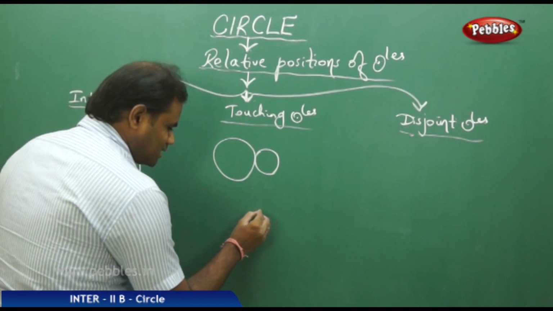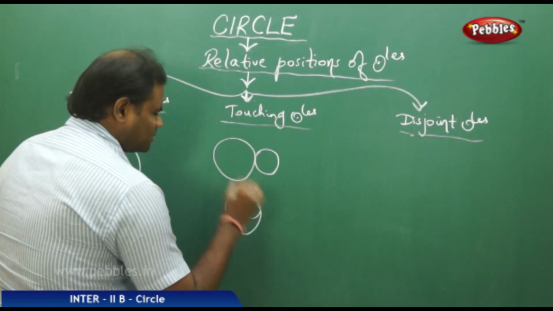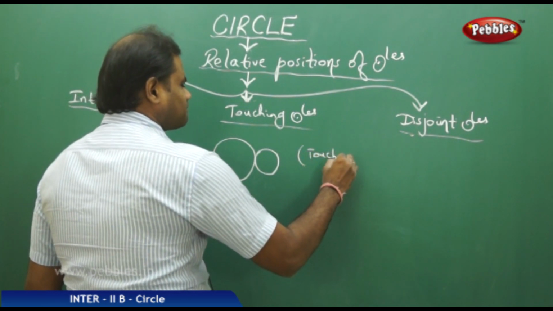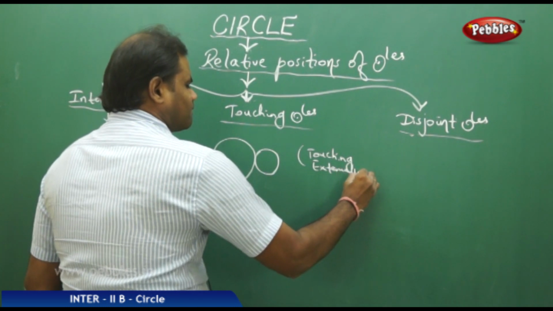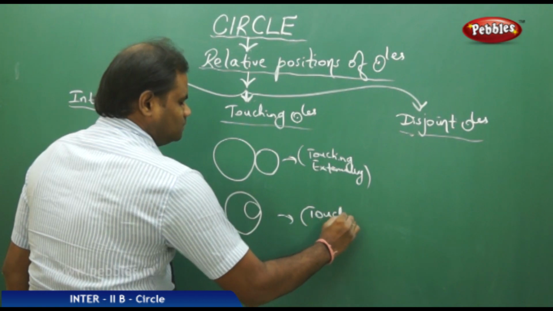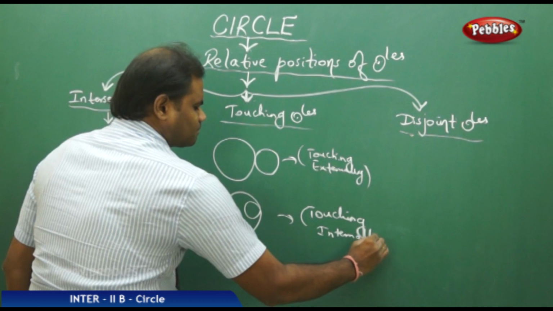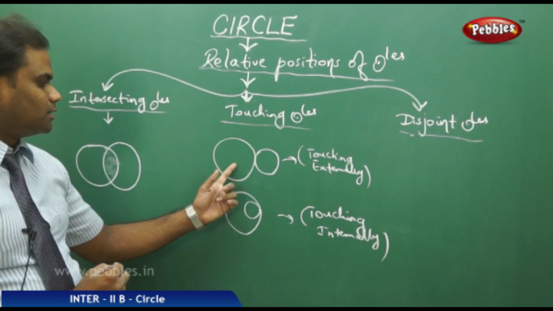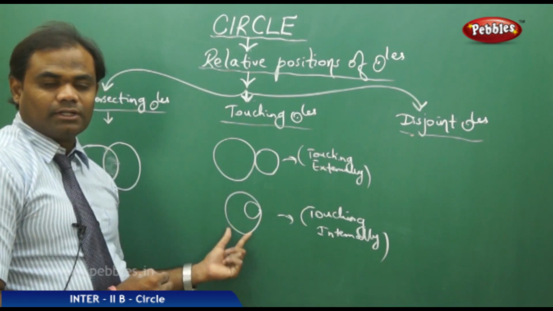Or the possibility is that this can also touch inside, where this is called touching externally, and this is called touching internally. Because the two circles are touching inside each other, and here they're touching outside. So touching externally and touching internally.